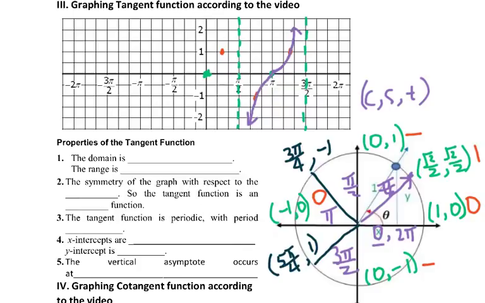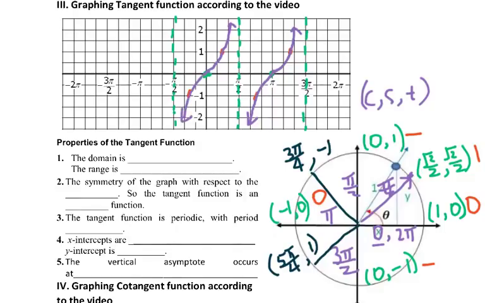Then you have like over here. Then for -pi over 2, that's an asymptote line. For -pi over 4, that will be -1. So I will draw the graph like this.